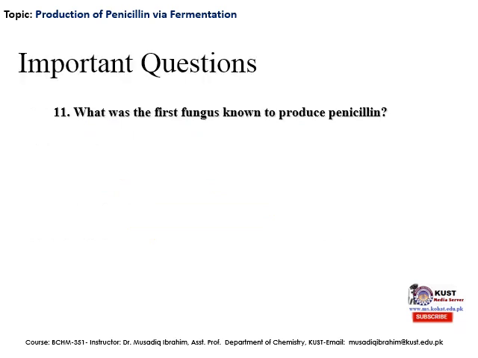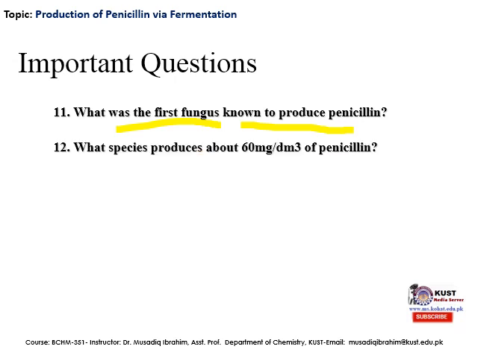Now some other questions are: what was the first fungus known to produce penicillin? Here we are talking about the species of Penicillium which was used in the Second World War, and what species produces about 60 milligram per decimeter cube of penicillin. You need to look up this answer.